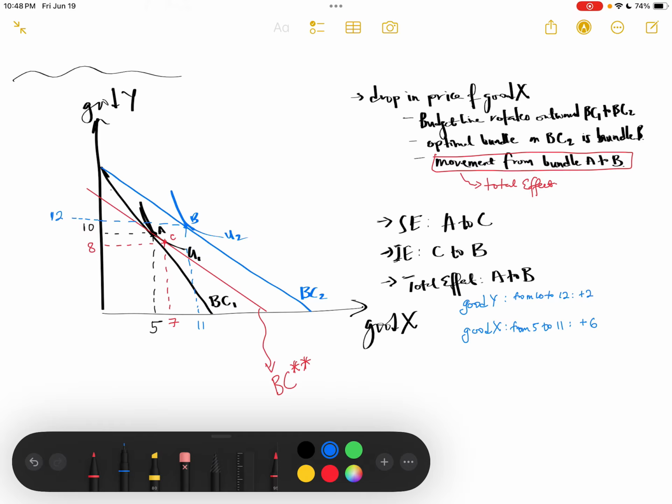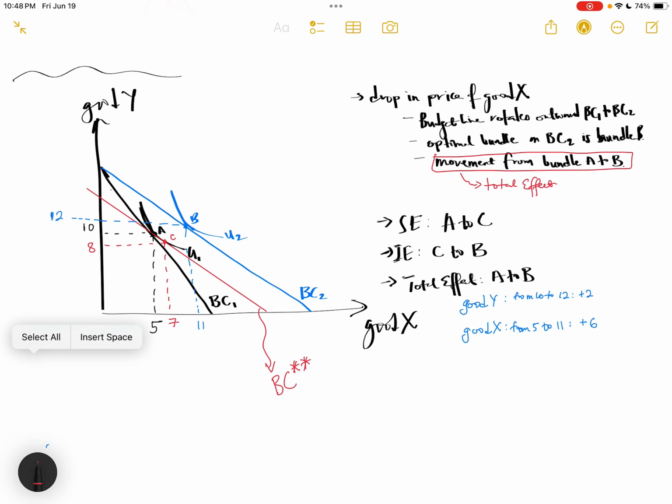What about substitution effect? I'll use red for that one. So substitution effect, good Y and good X. Let's work this for good Y first, since that's at the top. A to C, there is a drop.